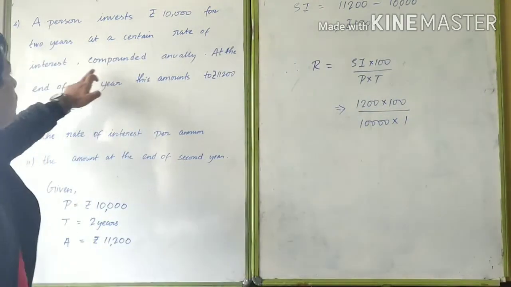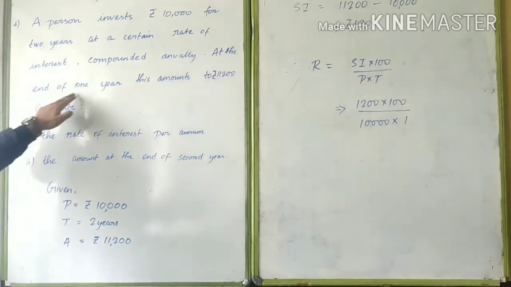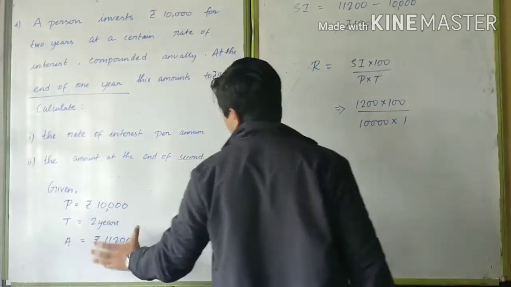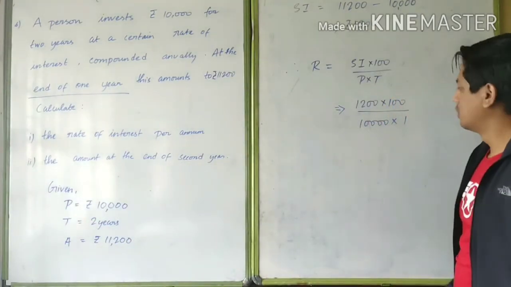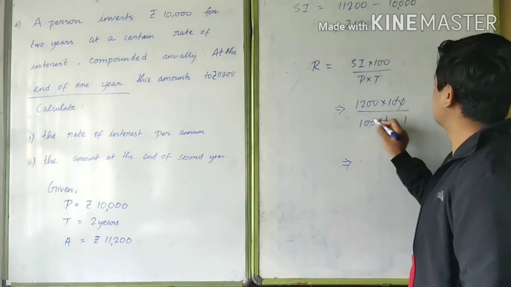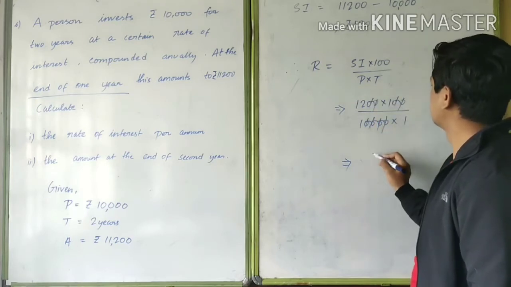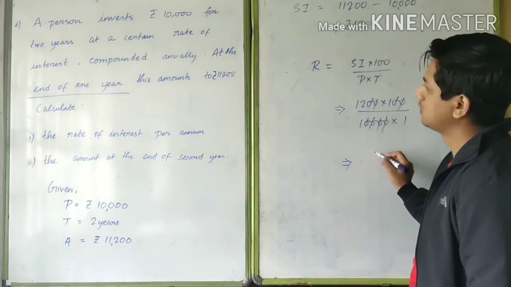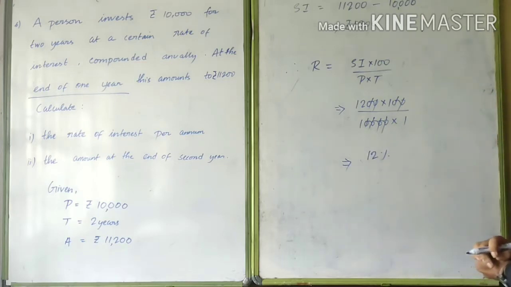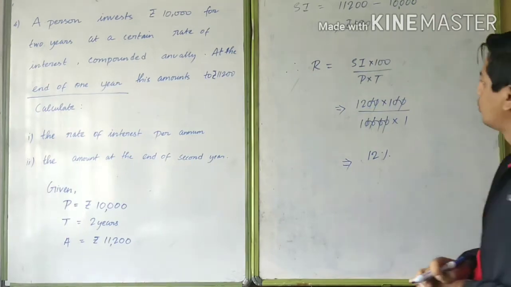Because the question is stating that at the end of 1 year, this rupees 10,000 is becoming rupees 11,200. So 0 0 gets cancelled, 0 0 gets cancelled. So my rate is 12%.